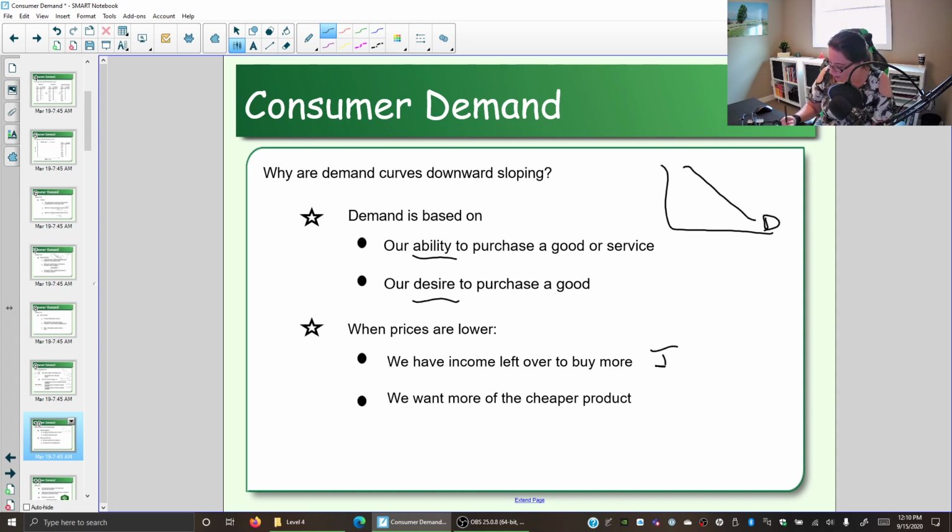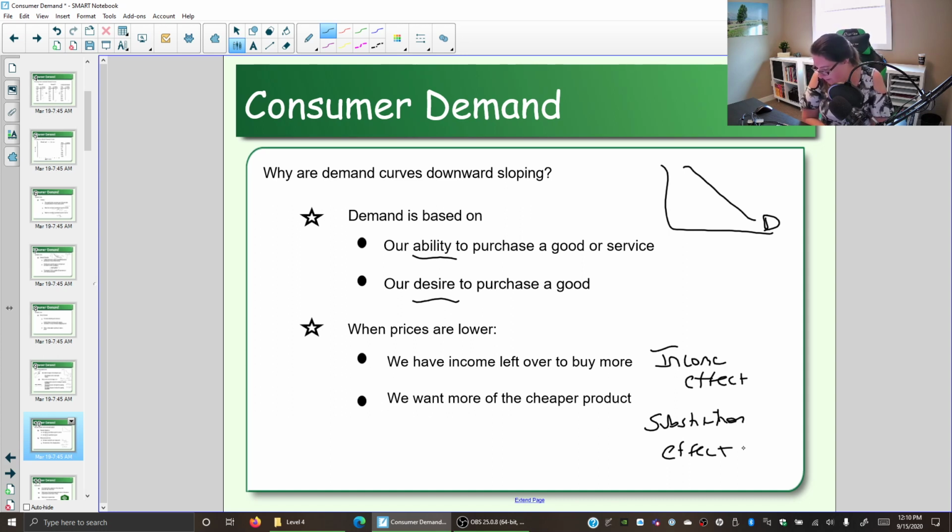So we essentially have the income effect and the substitution effect that are creating this downward sloping demand curve. So prices fall, our income goes further so we can get more. And as the price falls of a good relative to others, we'll get more of that cheaper item. So the substitution effect.